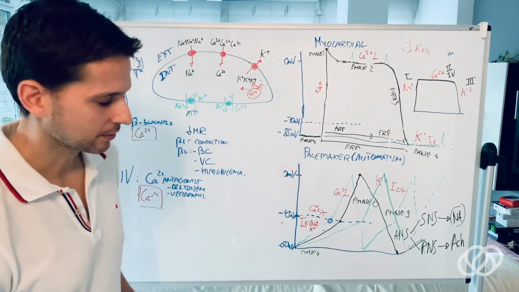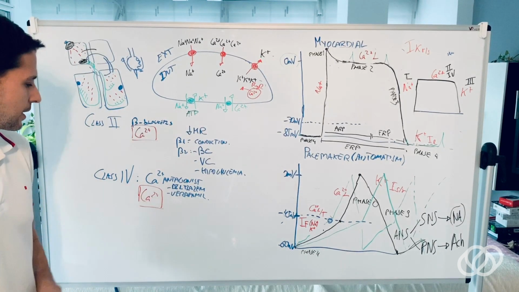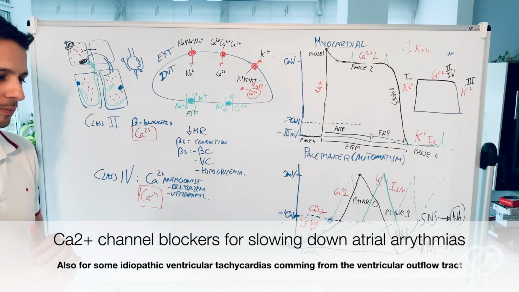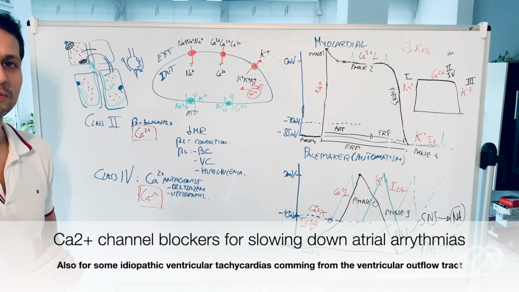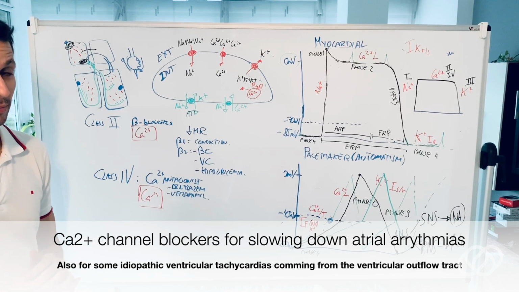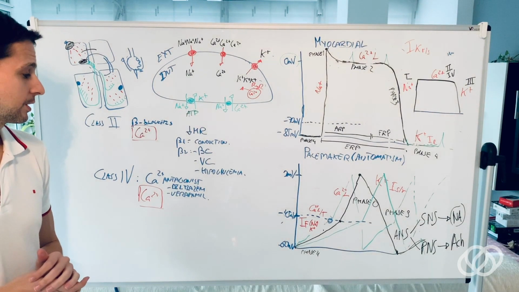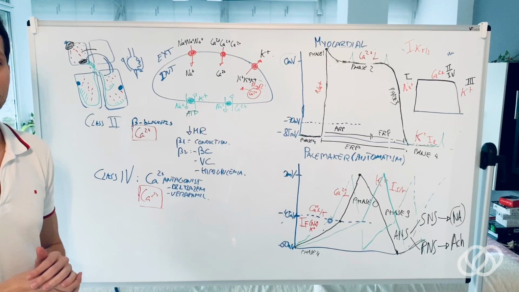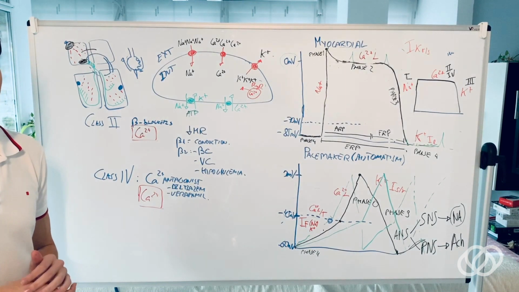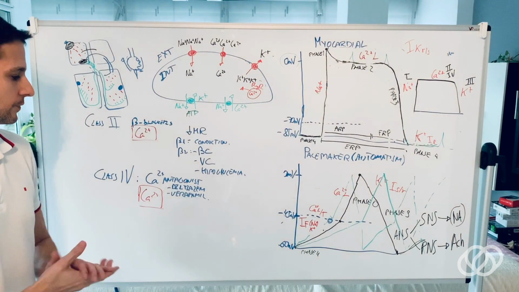The anti-arrhythmic effect of calcium antagonists is more limited, and we only use them for some idiopathic ventricular tachycardias where the origin is in the outflow tract, and we are not going to use them in other kinds of ventricular tachycardias because they can also be promoted.